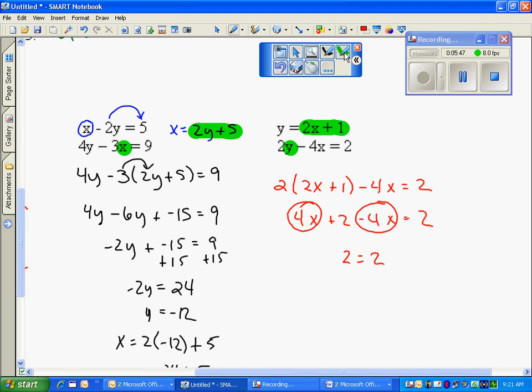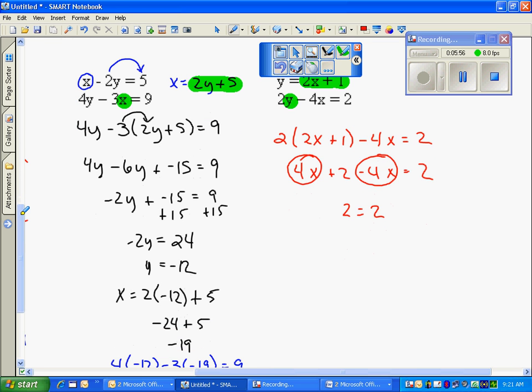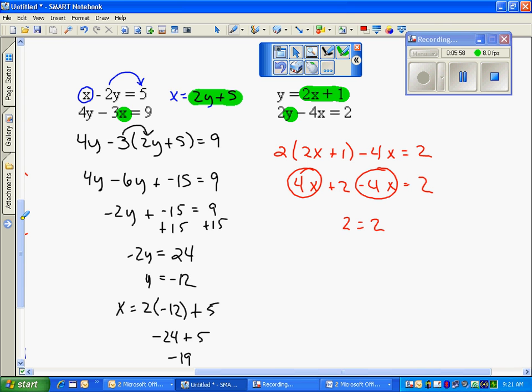Well, when is 2 equal to 2? 2 is equal to 2 always. So no matter what happens here, if it's a solution to one of these two lines, it will always be a solution to the other. If I were to graph these lines, they would lie on top of each other.